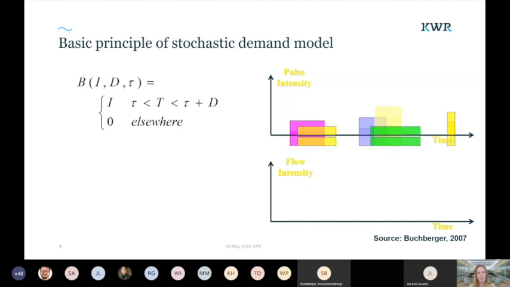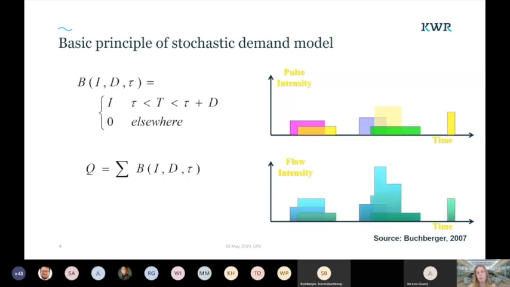So you can add the different events, and that will lead to a total demand pattern. And this will be true for each pipe or the water heater or the water meter, or however you would like to aggregate.